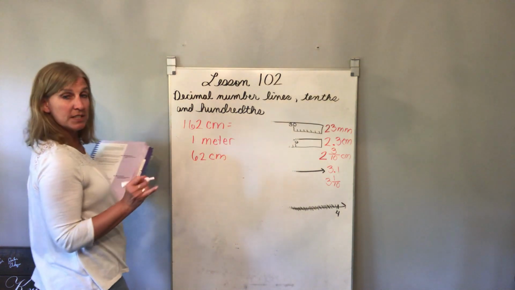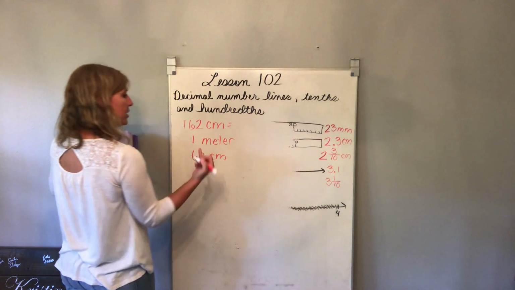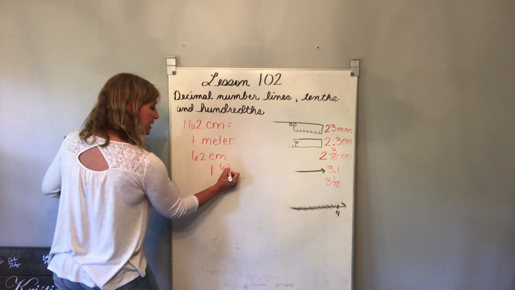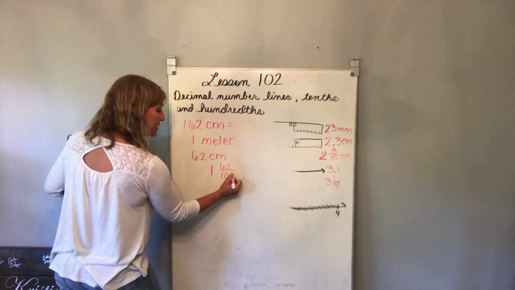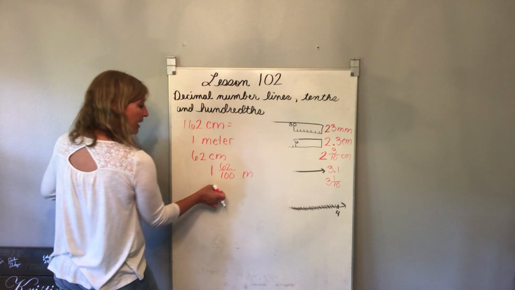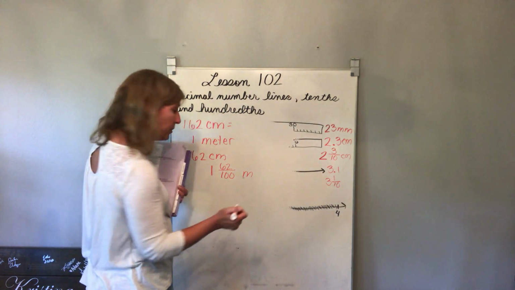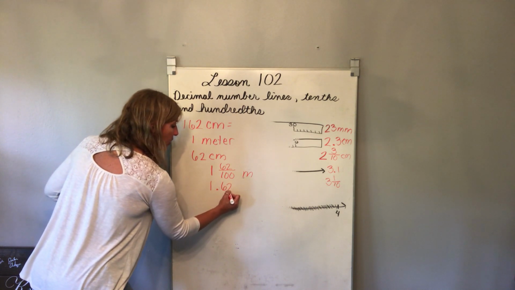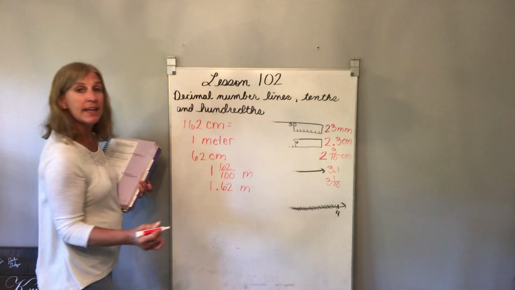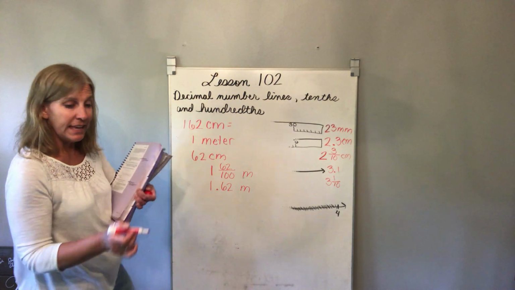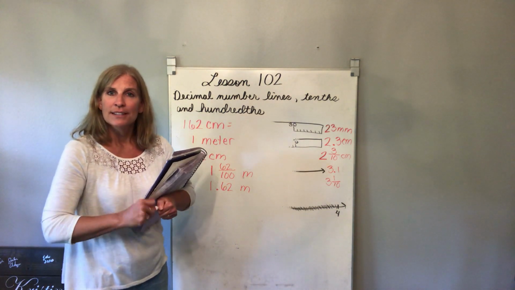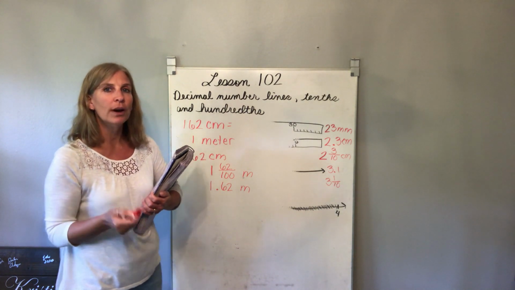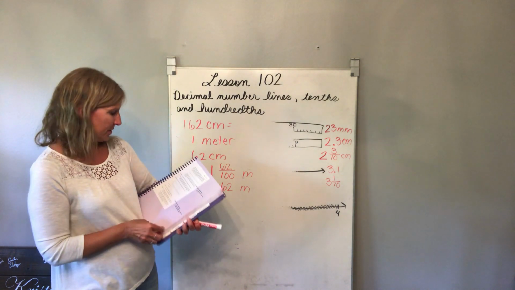We know that each centimeter is 100th of a meter. So the way we can write this then is 1 and 62 hundredths meters. How would we write this number as a decimal? 1 and 62 hundredths meters. If you have a meter stick in your house, see if someone can measure your height in centimeters. See if you can figure out what your height is in meters.